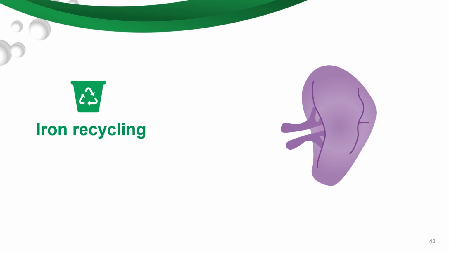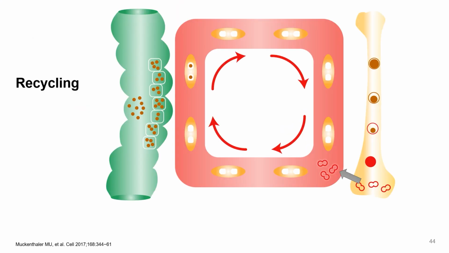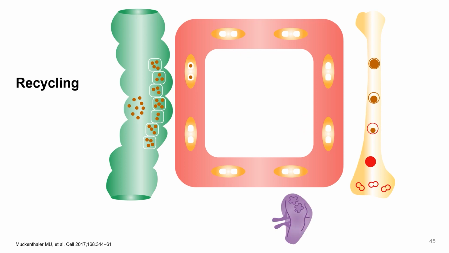I will come back to that, but let's go to our next step first, iron recycling. So once the red cells are produced in the bone marrow, they move into the circulation and will spend more or less 120 days going around, after which they will be old and in need of recycling.